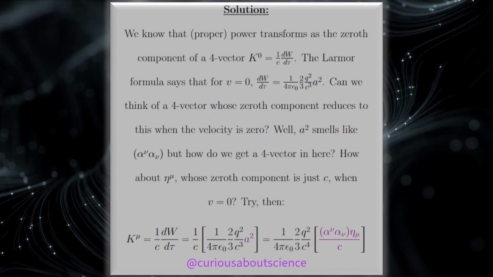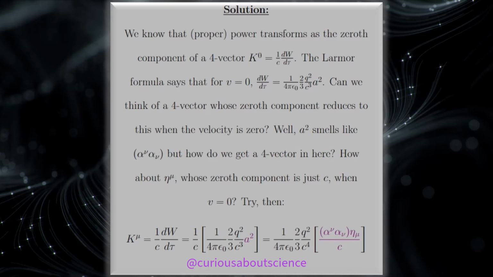Well, a squared smells like a^nu a_nu, the 4-vector dot product. But we know that we're going to have to be careful with that because you have the covariant and contravariant 4-vectors, and we're going to have to change up the signage on it. So we're going to have to be careful.